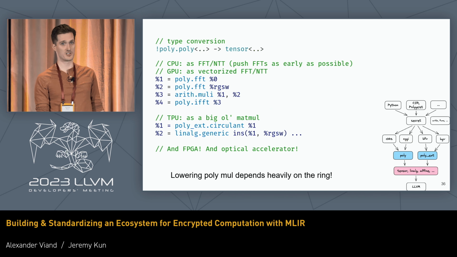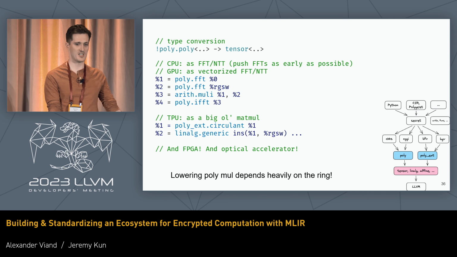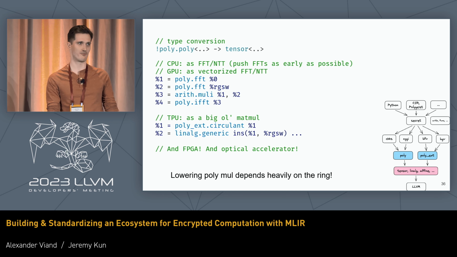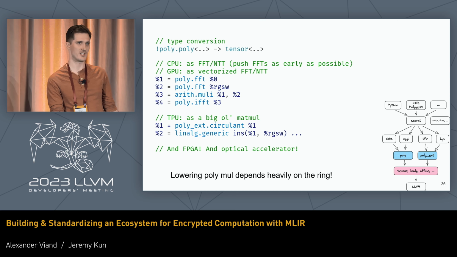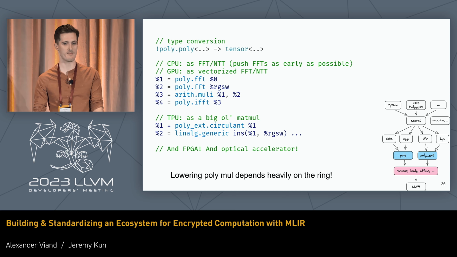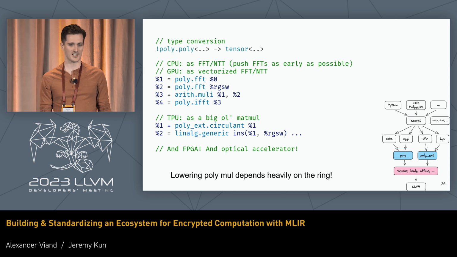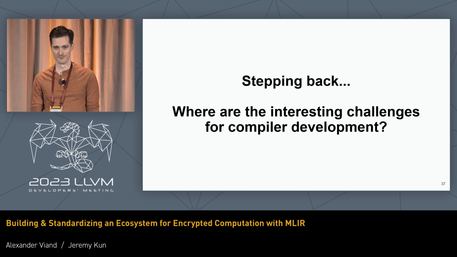And then now there's a question of how do you actually implement polynomial multiplication? On CPU and GPU, you have the option to do FFT-like things. On TPUs, you don't even get FFTs with enough precision to do that, so you represent it as a big old matmul. And all of these decisions depend heavily on which ring you're using, which types of fast polynomial multiplications you can implement.